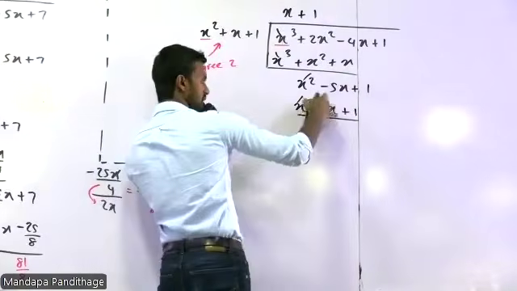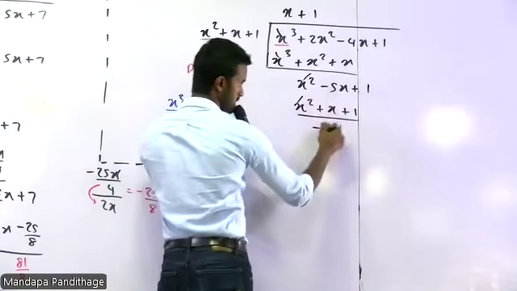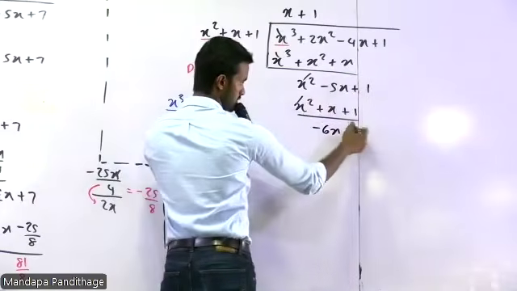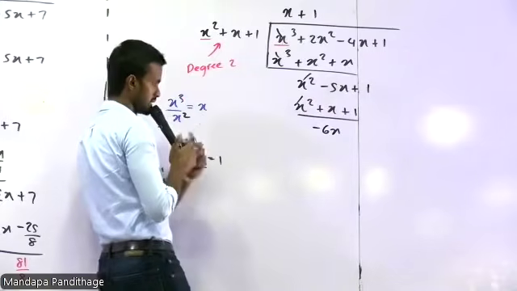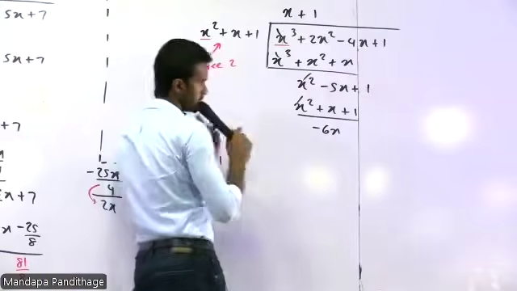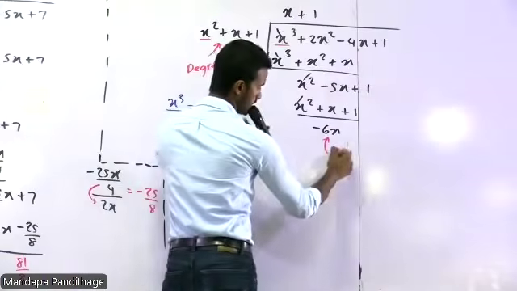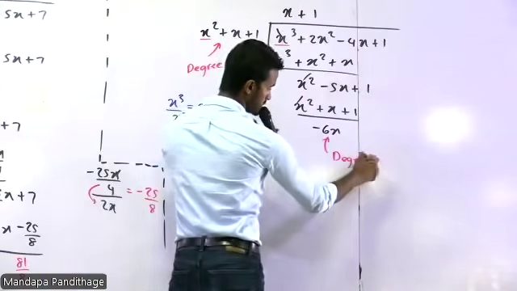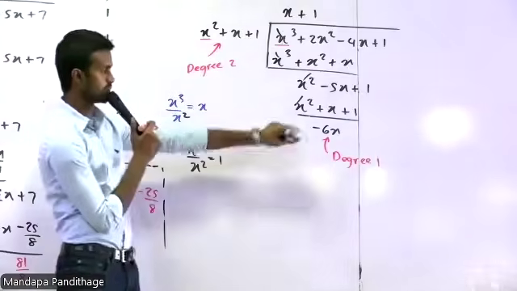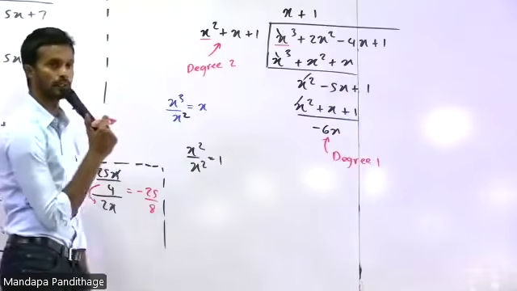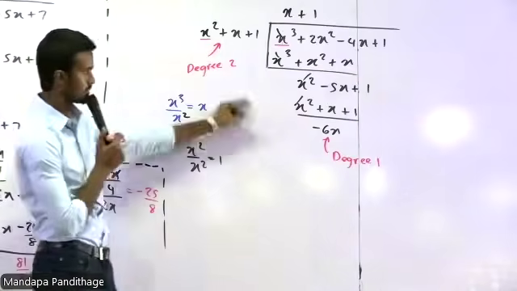Minus x minus 5 minus 1 is minus 6. These cancel off, it's 0. Minus 6x. Okay, what is the degree here? The degree is 1, which means the remainder's degree has become less than the divisor's degree. Now we have to stop the long division from here. Clear? Same thing, but we have to stop it from here.